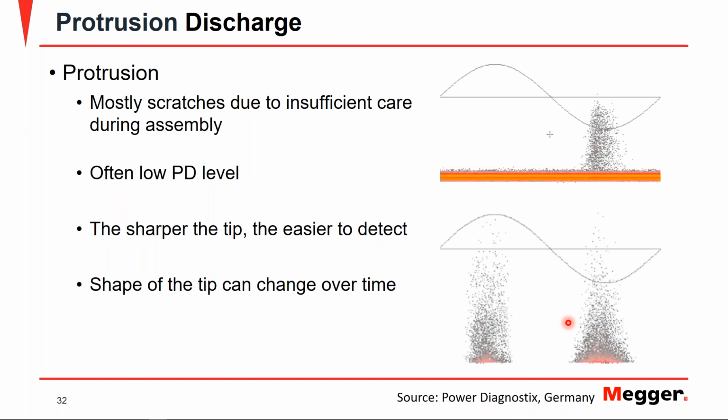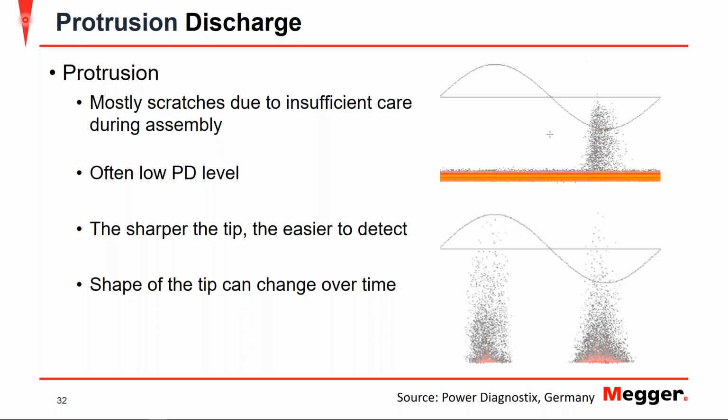Next is a protrusion. This is mostly due to scratches from the care during assembly. And these are often low PD levels, low discharge levels, but the sharper the tip, the easier it is to detect, because as we mentioned near the beginning of the presentation, these sharp points can cause field enhancements and a localization of that electrical field, so they can cause higher discharges.